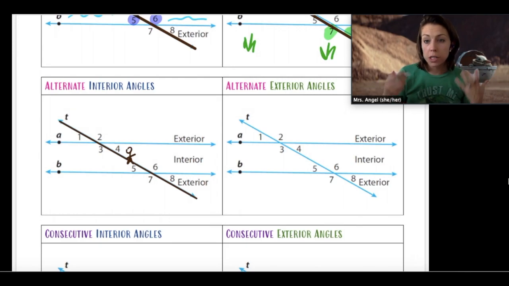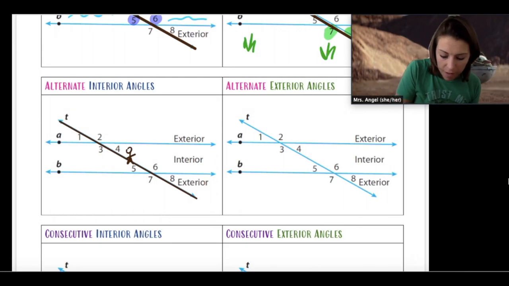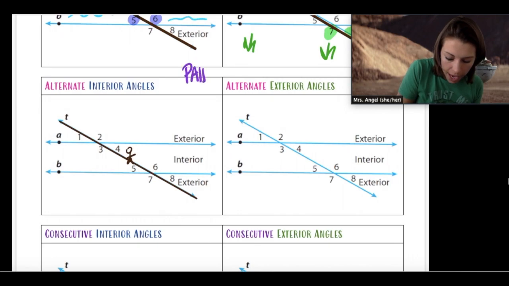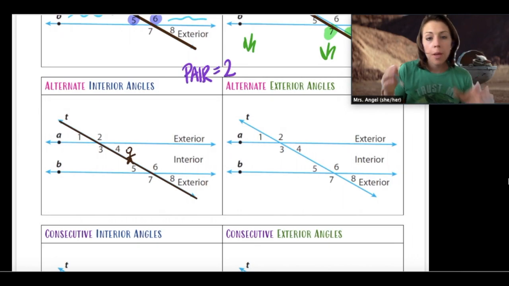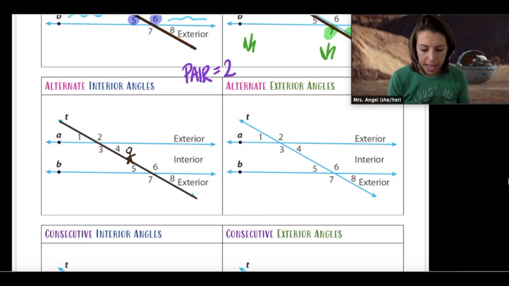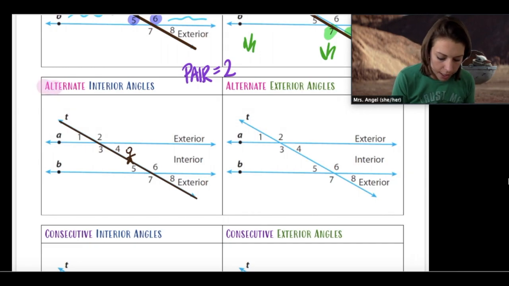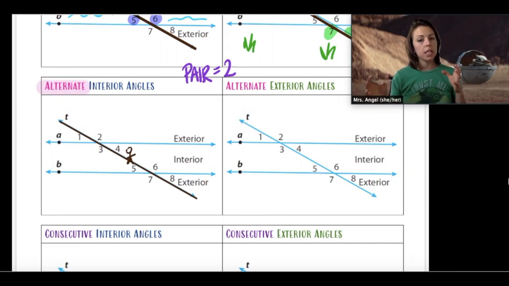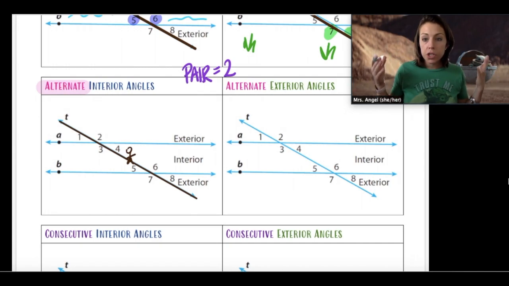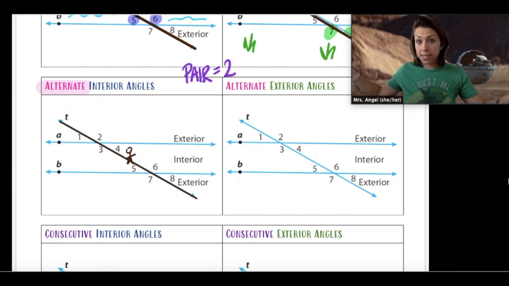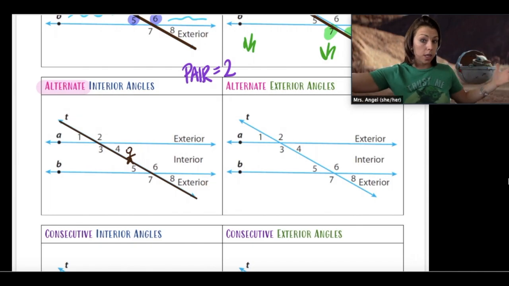All of these are specific pairs of angles, and if you recall, a pair means we're looking at twos. The first thing is this word alternate. Alternate means opposite. If I'm standing on the bridge, which angles are on opposite sides, meaning one's on the right, one's on the left?